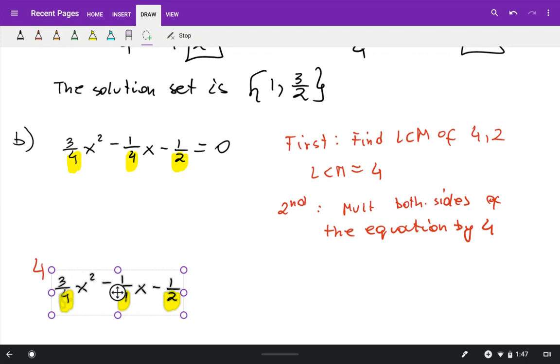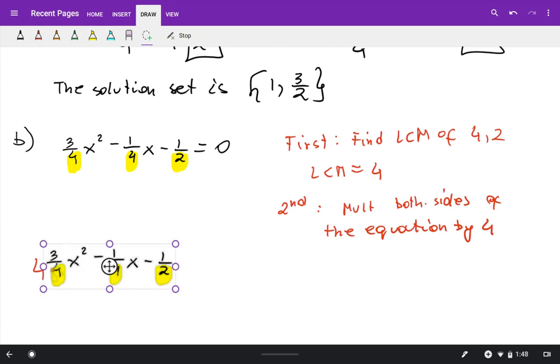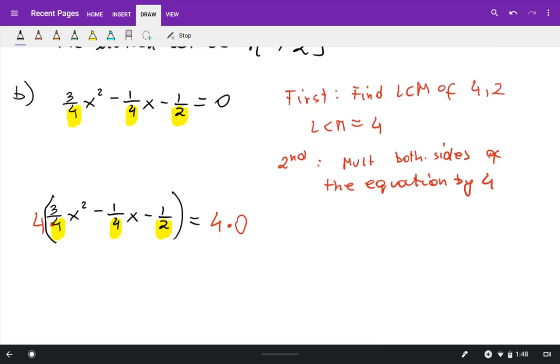Paste. So we have 4 times the left side of the equation equal 4 times the right side of the equation. On the right side, you only have a 0. Okay, so here I'm going to distribute 4 to each term.